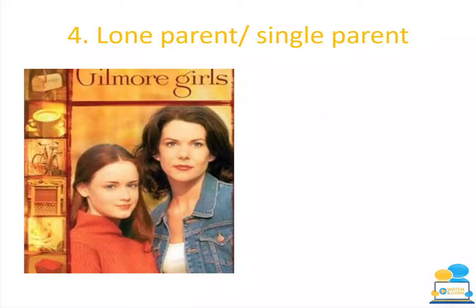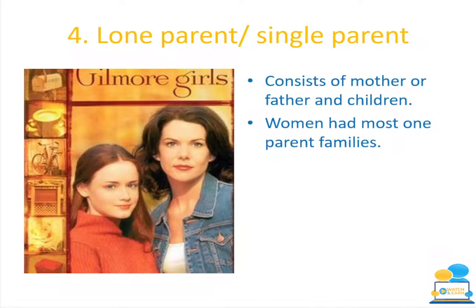Now we're going on to lone parent, which is also known as single parent. So if you think of Gilmore Girls, there's the mum and then there's the girl. So this consists of mother or father and children. So women head the most one-parent families, and that's just the statistics within Ireland.